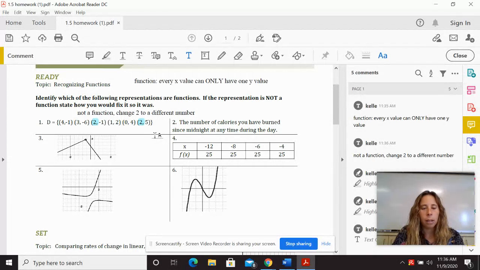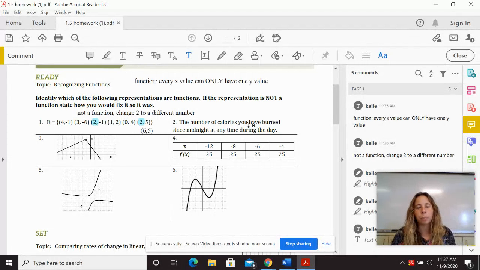Okay. 6, 5. Okay, if we change it to that, then it is a function. So you have to change your x value to any x value that has not already been used. So anything except 4, 3, 2, 1, or 0. It could be any other number, and it would be a function.